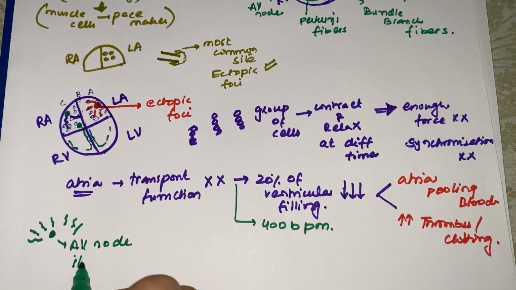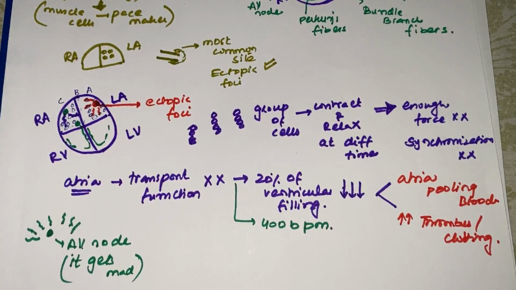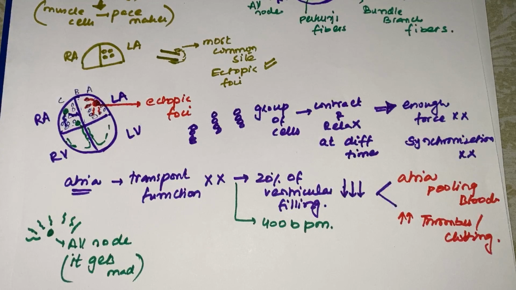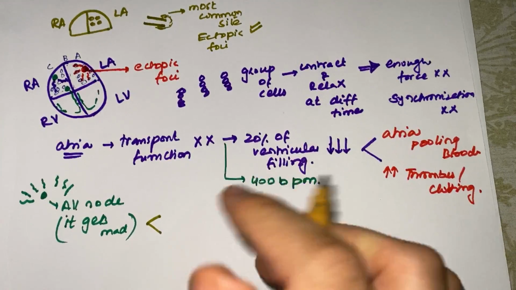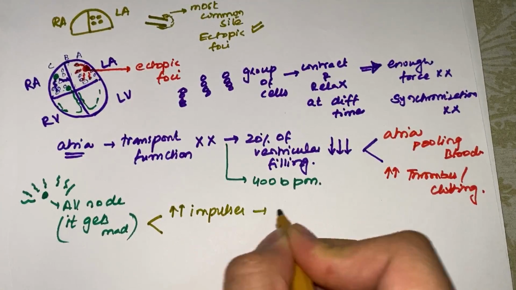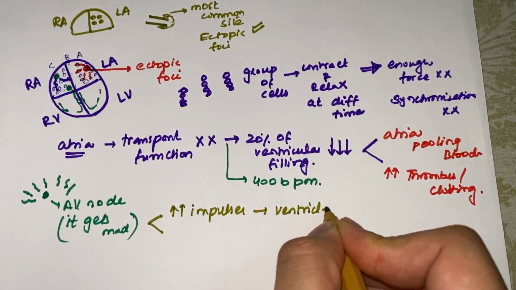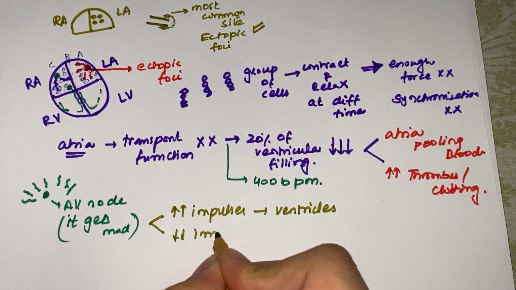suppose it gets mad. Now when it gets mad, it then starts to fire abnormal impulses, in fact abnormal rhythm. Sometimes it sends increased impulses to the ventricles, and sometimes it sends decreased impulses to the ventricles.